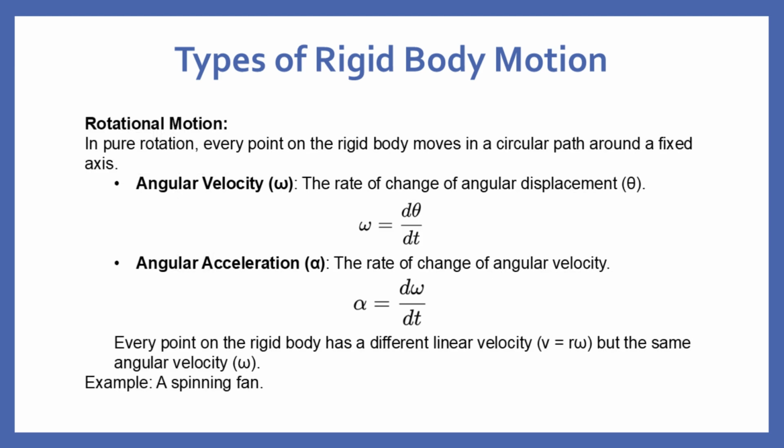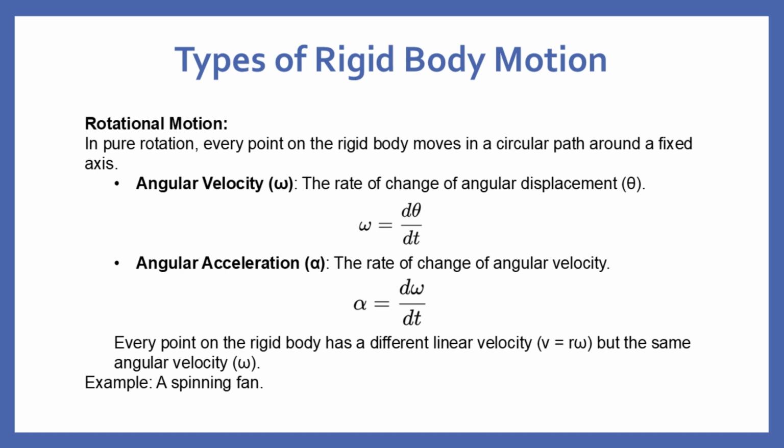Moving on to rotational motion, this is where things get interesting. In pure rotation, every point on the rigid body moves in a circular path around a fixed axis. We measure this motion using two important quantities: angular velocity, omega, which tells us how fast the rotation is occurring, and angular acceleration, alpha, which indicates how quickly the angular velocity is changing.